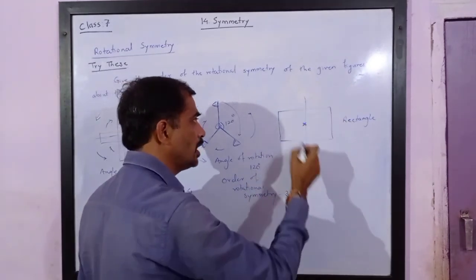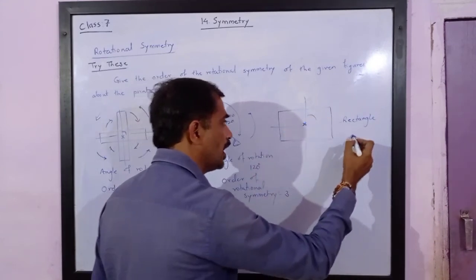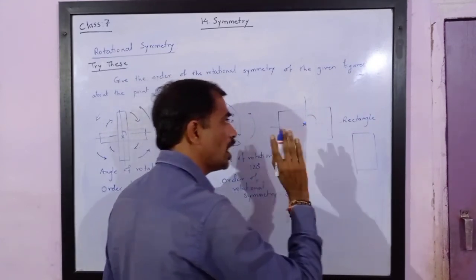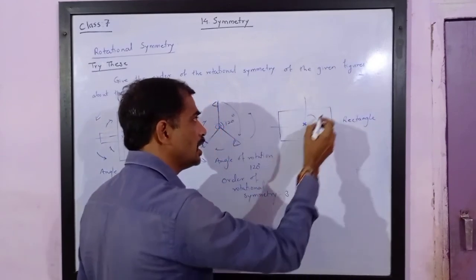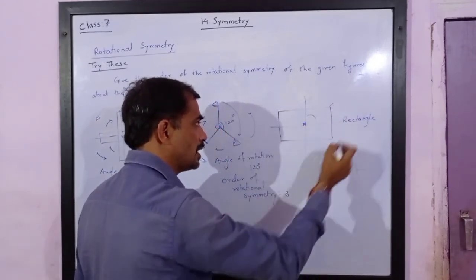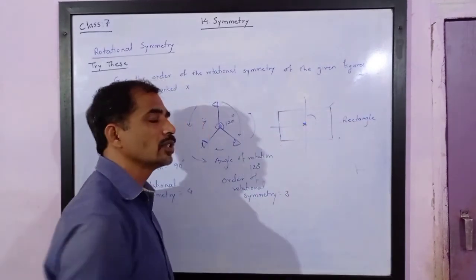Now if you rotate this by 90 degrees, we will get a vertical rectangle, meaning we are not going to get the same figure. If you rotate it by 180 degrees, when this point reaches this point and that point reaches that point, you will notice the rectangle looks the same.